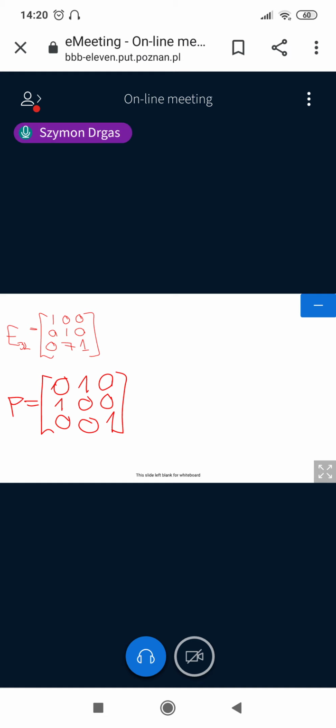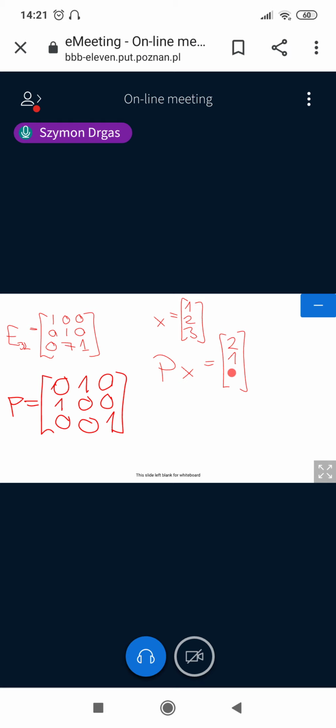So maybe one more. I would like to give you some comments about these permutation matrices. So if we have, let's say, a vector x = 1, 2, 3, and now if we multiply P times x, then the first and the second row will be exchanged.